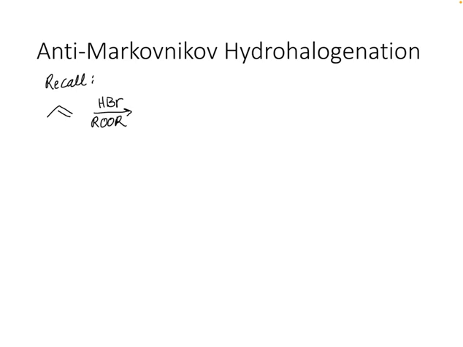And we just symbolize peroxides with ROOR, where the R's are some sort of alkyl group. Now, when we add the peroxides in, again, bromine will now add to the less substituted carbon, so it will add to the very end of that molecule.